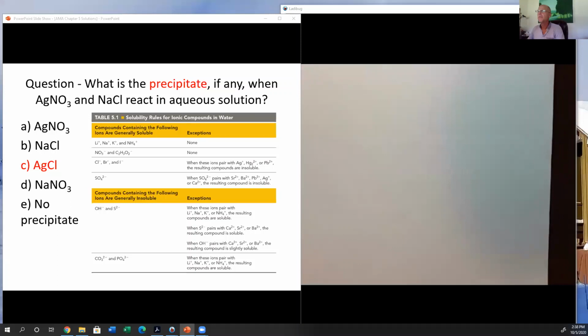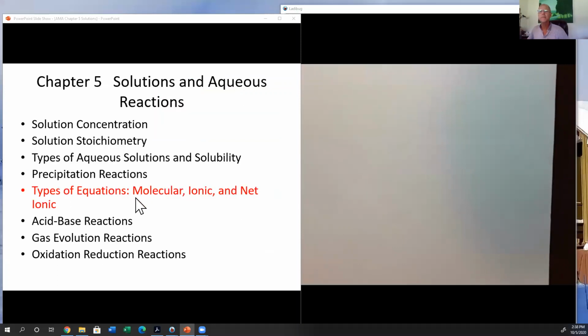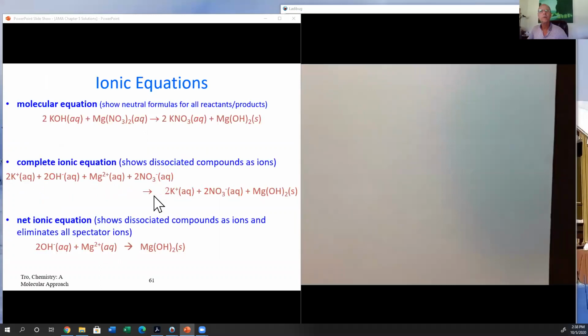Okay, before we move on to the other two types of reactions that I want to get to, I want to talk a little bit about different types of equations that you can use to represent these reactions. All right, what we've used so far is what's called the molecular equation. Even though ionic compounds don't really contain molecules, so this is kind of a funny misnomer, but basically in the molecular equation, you write neutral formulas for each of the compounds no matter what, right?